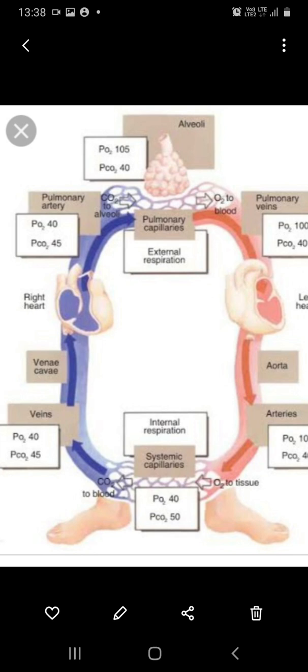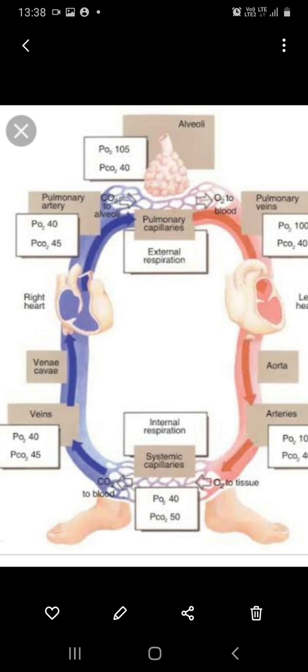The percentage of oxygen will be 21%, water vapor 0.5, and carbon dioxide 0.04. So we know that each gas component in that mixture exerts a pressure. The pressure for an individual gas in the mixture is known as the partial pressure of that gas.